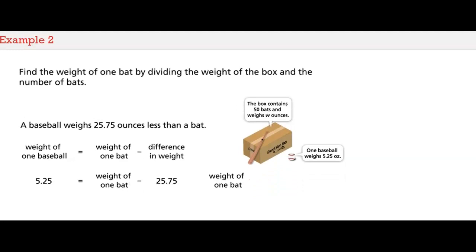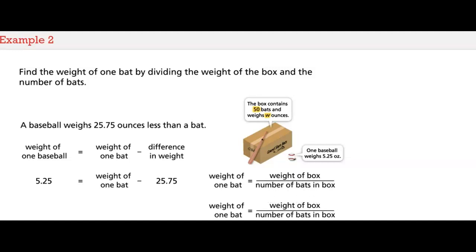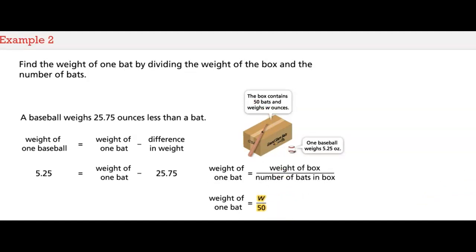To find the weight of one bat, divide the weight of the box by the number of bats in the box. The weight of the box is the variable W, and the box contains 50 bats. So the weight of one bat is equal to W divided by 50.